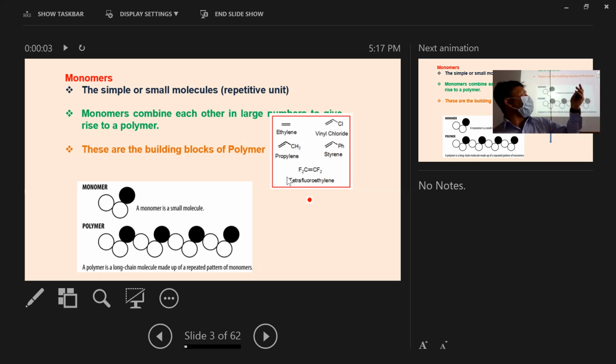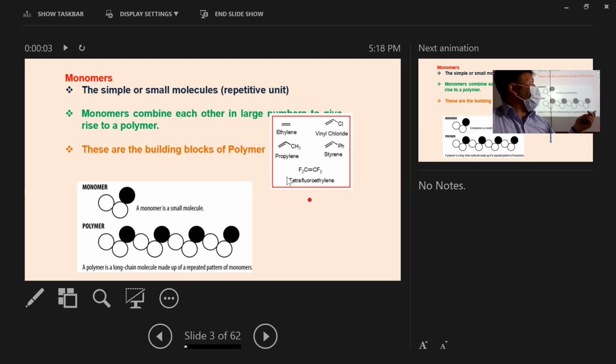Here you can see ethylene, C2H4, and then we can have polyethylene, which we use very often, polyethylene or plastic. Even the water bottle is a kind of polymer. Even the bottle and the cap are different types of polymers.